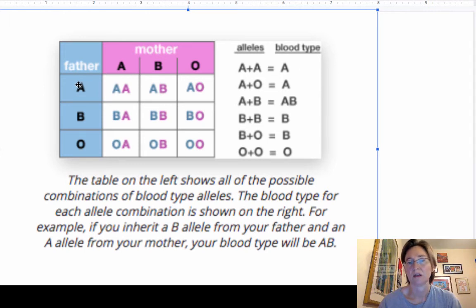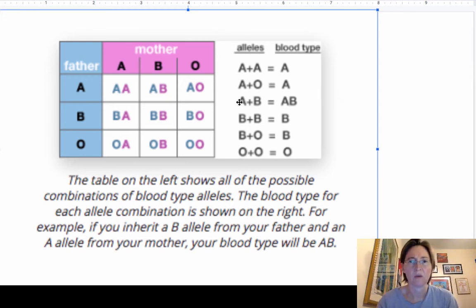If you got the A allele that makes the A antigen from your dad, say, and your mom was type O, and she passed on that O allele to you, then your genotype is AO, and you still have type A blood because you have some of that A antigen in your blood. So this chart sort of identifies what all the different allele combinations are, right? So these would be the genotypes here, and then the phenotype of what blood type you actually end up with.